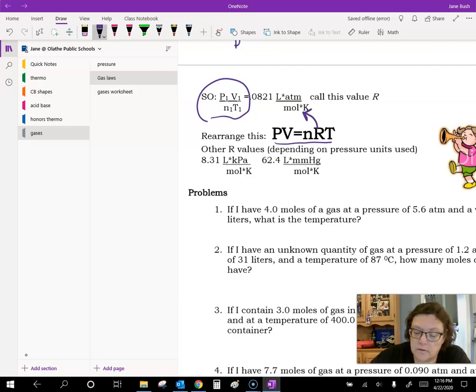If we're talking about kilopascals, R is 8.31 liter kilopascals over mole kelvins. If we're talking about millimeters of mercury, it's 62.4 liter millimeters of mercury over mole kelvins. So we're going to use atmospheres. That's the one you need to worry about. There may be some online stuff where you have to do conversions, but I've got worksheets you can practice with that only use atmospheres.